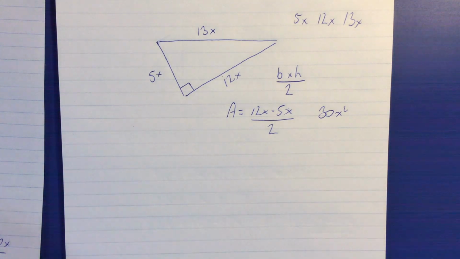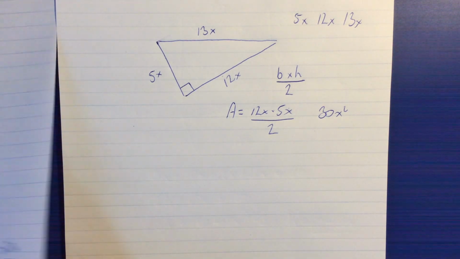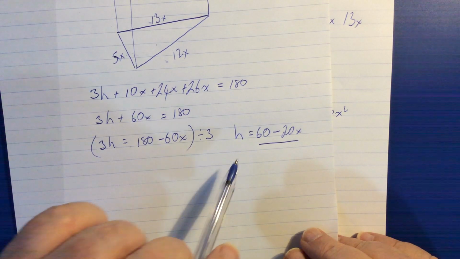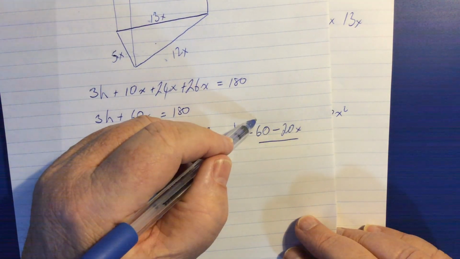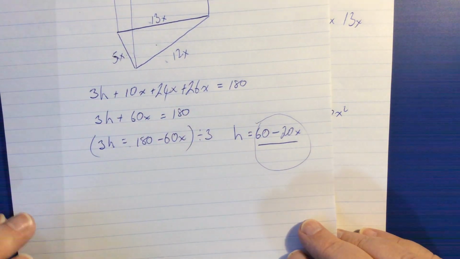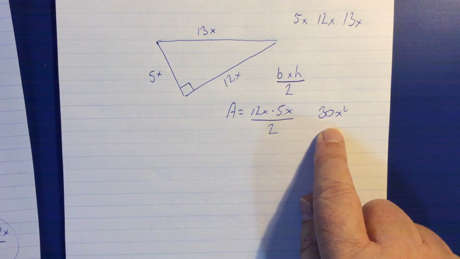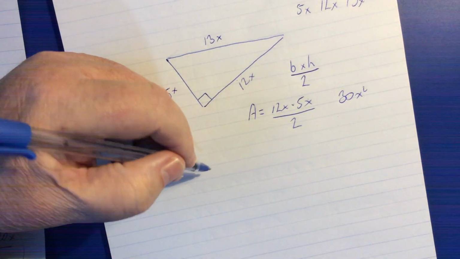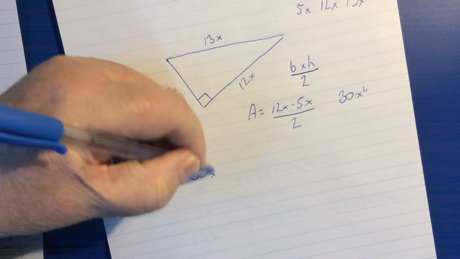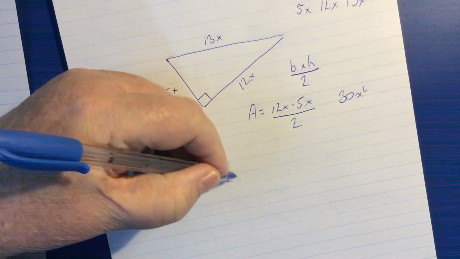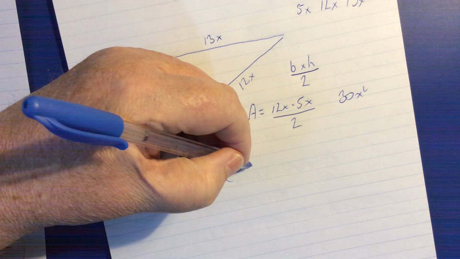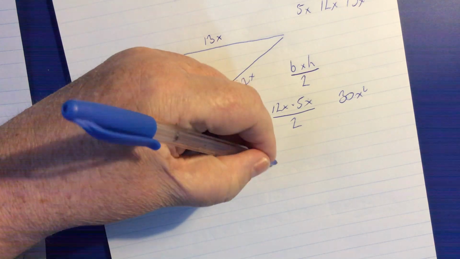Now, what we're going to do is take the height of this thing, written in terms of x, and multiply it by that. So, here goes. 30x squared into 60 minus 20x.